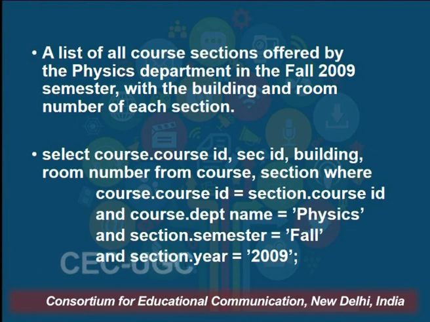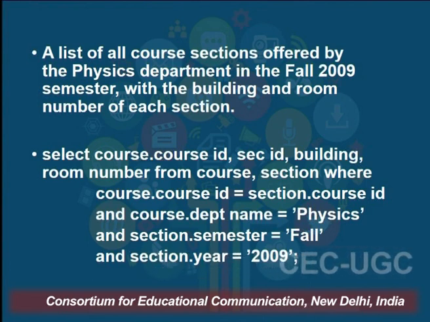So first of all, how are we going to fire this particular query? With the help of what we have already seen, how to select the required data from two or more relations on the basis of some common fields.